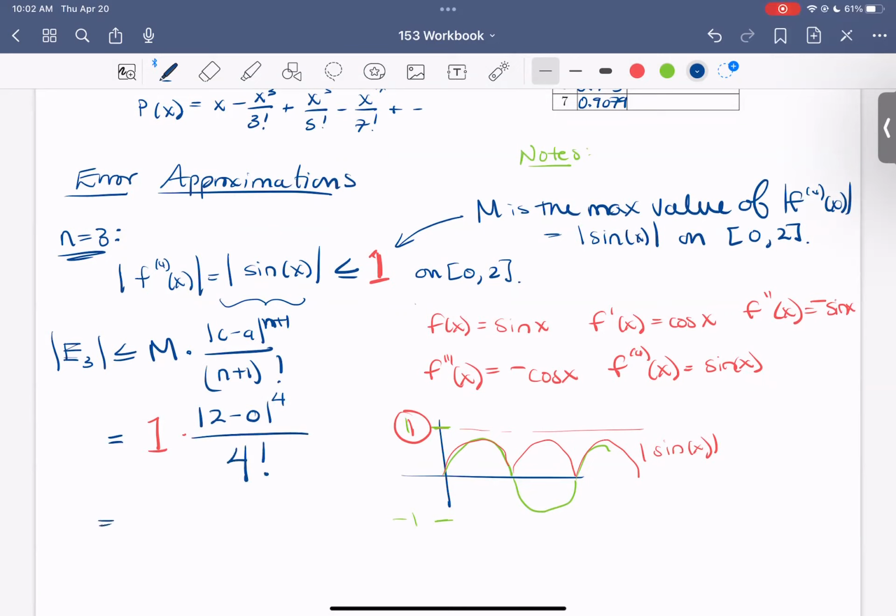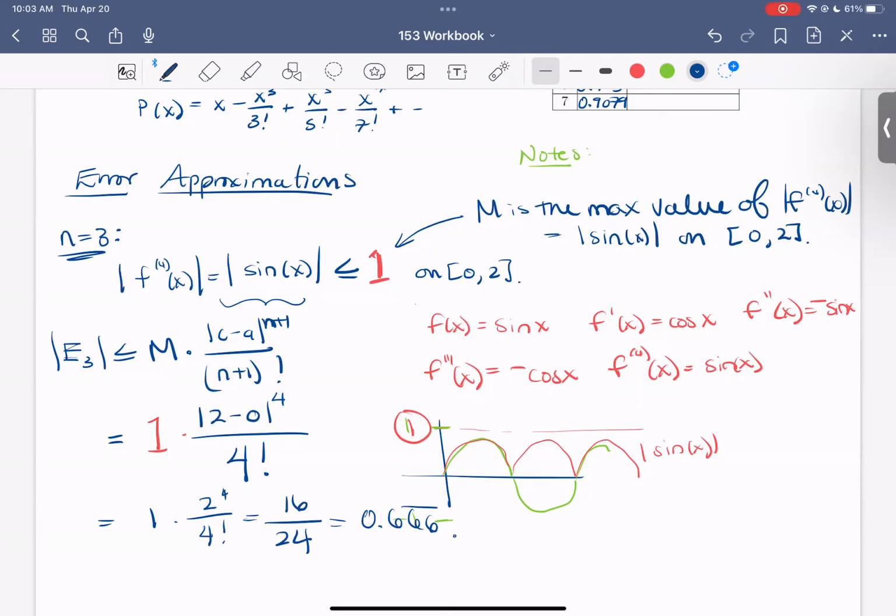Okay, so let's go ahead and compute that out. So we get 1 times 2 to the 4th over 4 factorial. And we compute that out, we get 16 over 24. And you can check me, which, if we simplify it, is 2/3, or 0.666 repeated.